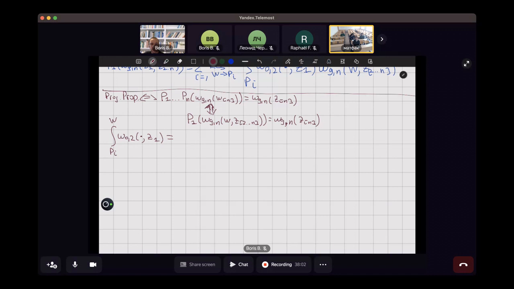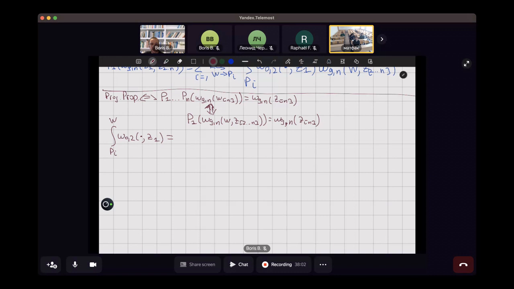So it's 1 over z1 minus w minus 1 over z1 minus pi. I think it's correct what you wrote. It's correct. Okay.